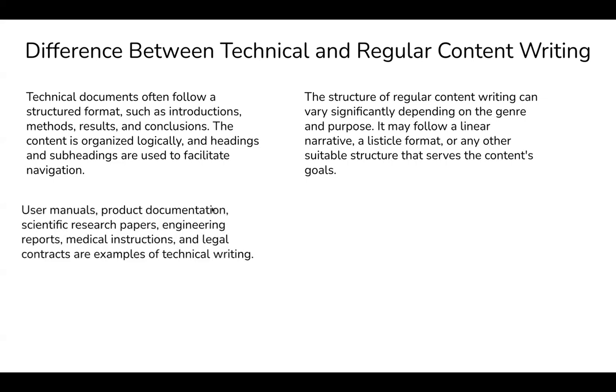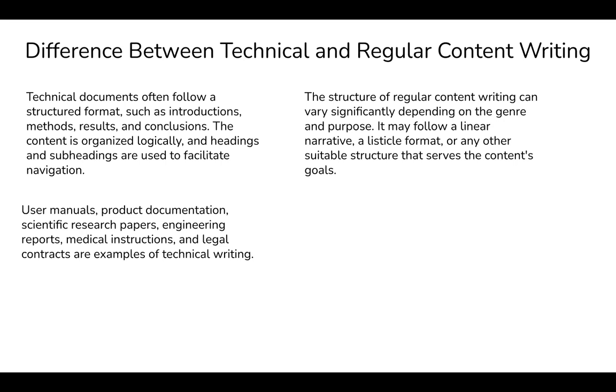So the next one and the last one is types of content. Technical writers usually write user manuals, product documentation, scientific research papers, engineering reports, medical instructions, legal contracts, and many others. So for scientific research papers, you might be wondering what software engineering has to do with them.